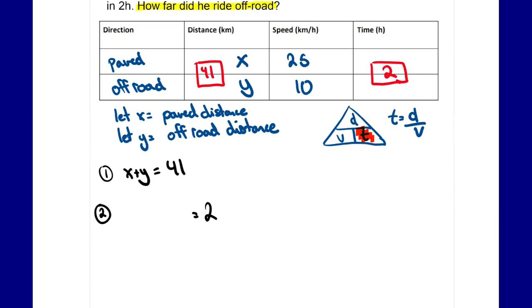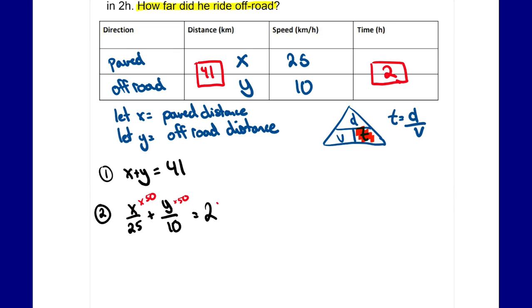So to calculate the time for paved, I have to take the distance divided by the speed, or x over 25, and then I'm going to add the time off-road, which would be the distance, or y, over 10, which is the speed. And now I have a formula. What I can do, though, is make this a little bit easier. I can work with the fractions. I can multiply everything by 50.